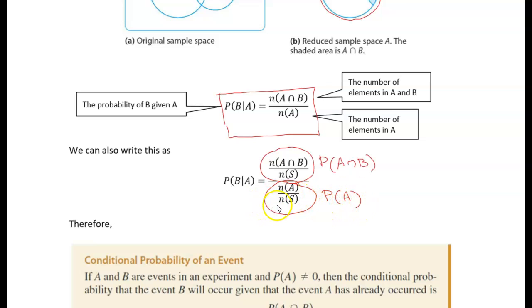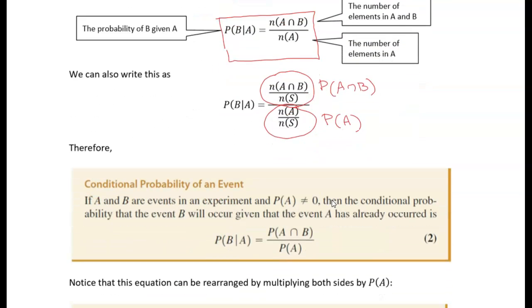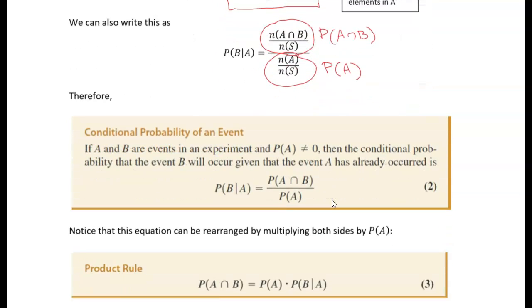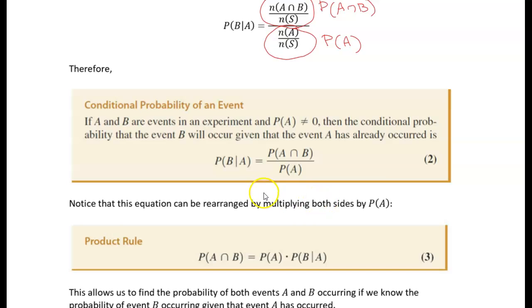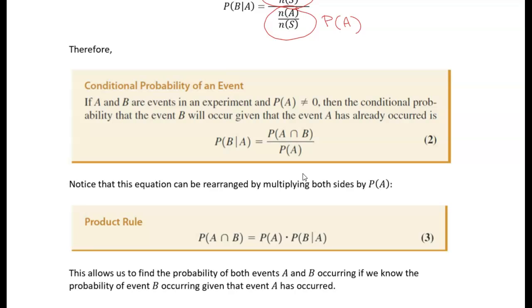So now we can rewrite that same result in terms of the probabilities of those events. And this is an important result. The probability of B given A is the probability of A and B happening over the probability of A happening. That's one important result that you need to know, but I think it's fairly straightforward and understandable.